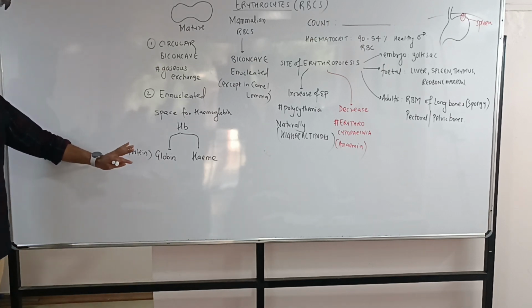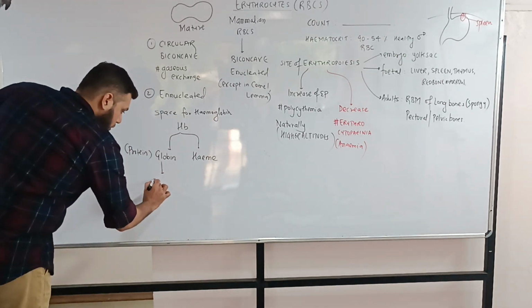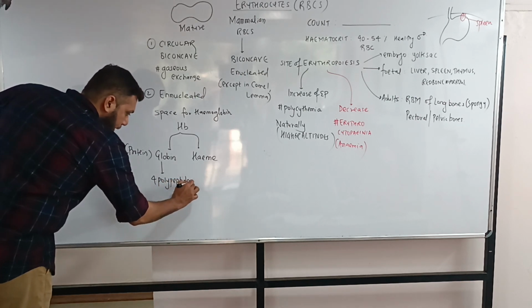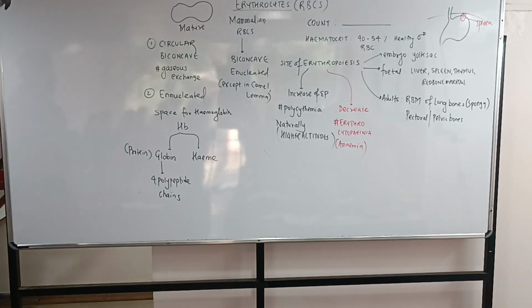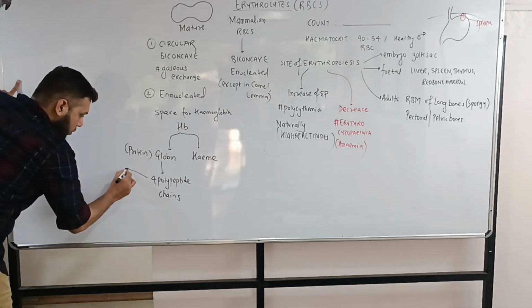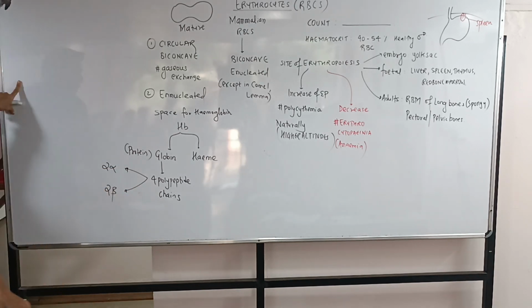Globin is a protein which is made up of 4 polypeptide chains. You know what is a polypeptide chain? Many amino acids will come together to form a polypeptide chain. In this manner, hemoglobin is made up of 4 polypeptide chains called 2 alpha chains and 2 beta chains.